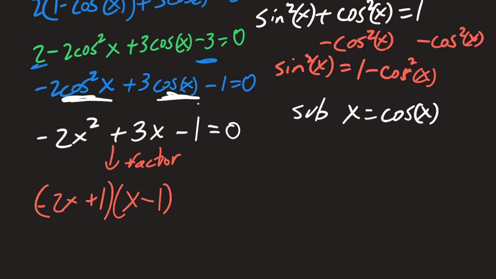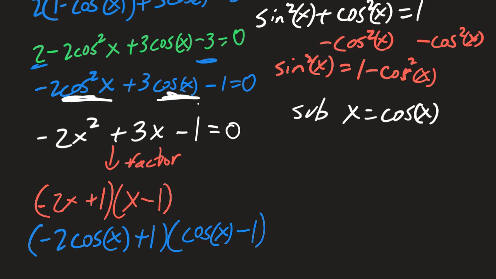Okay, let's rewrite this again and put back in the other pieces that we knew. We knew that x is actually cosine, so I've got negative 2 cosine x plus 1, and the second parentheses is cosine x minus 1. And remember, this was all equal to 0.